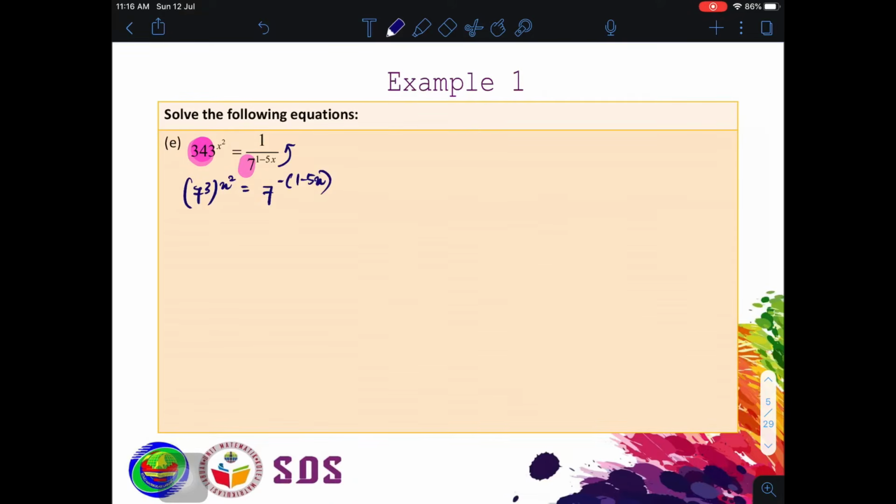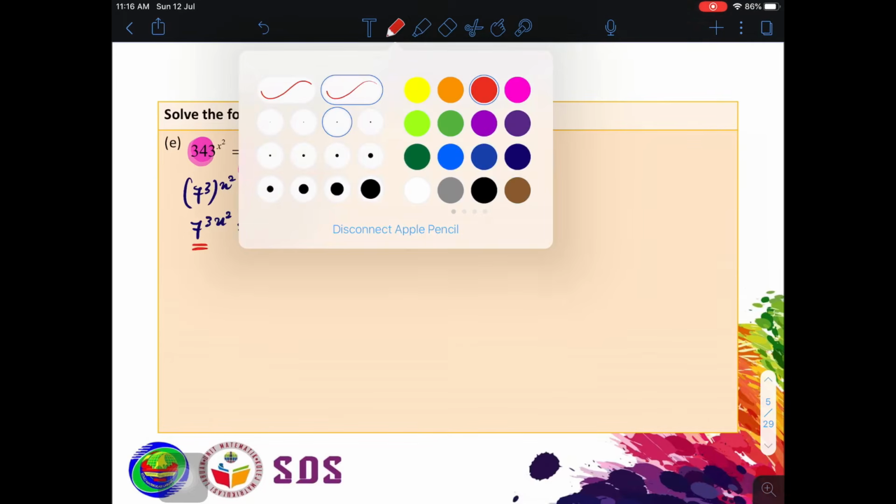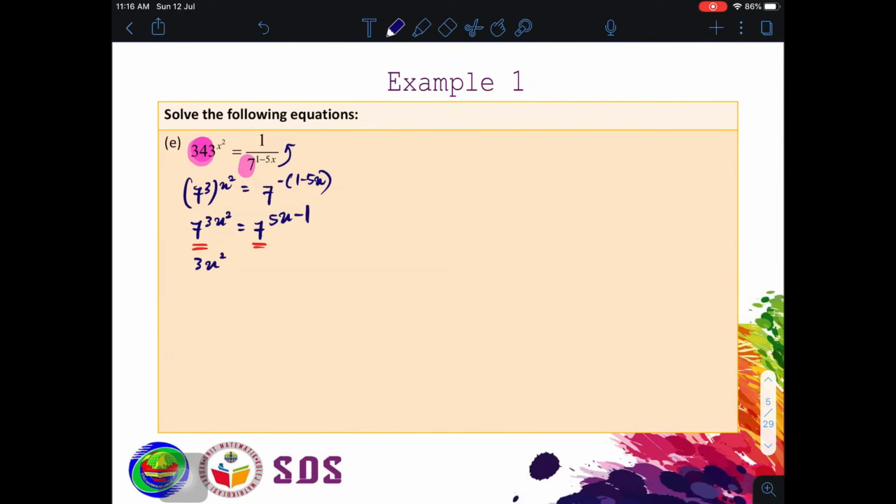So do know that the rule of indices is very, very important. Alright, so what you need to do next is multiply the powers, and you will get 5x minus 1. So this is the part where you already got the same base and you want to compare the index.